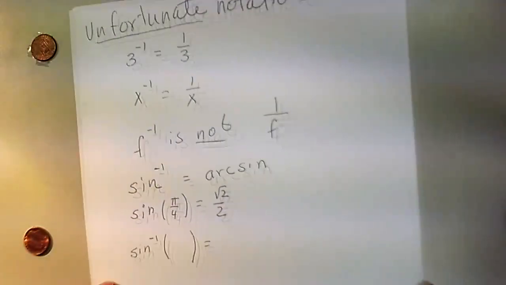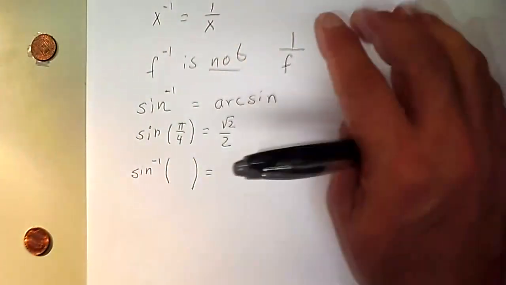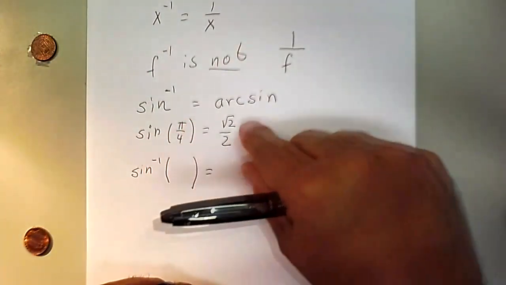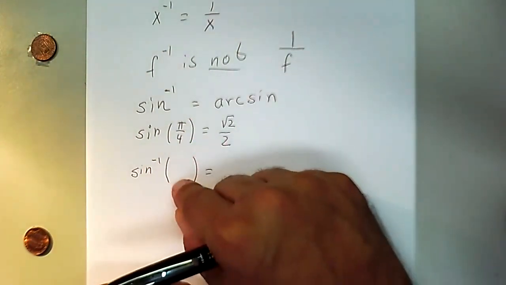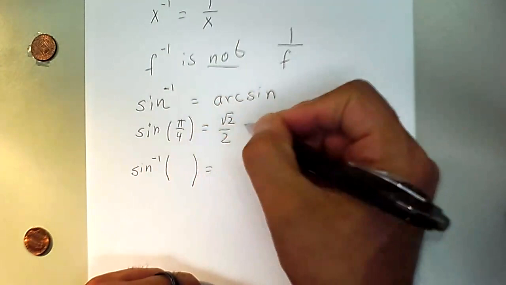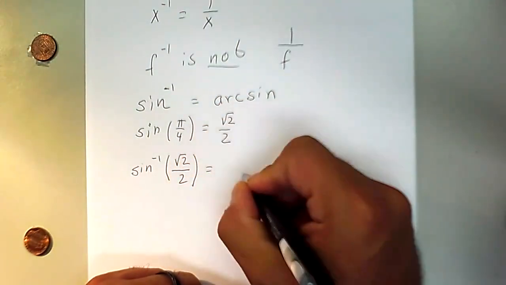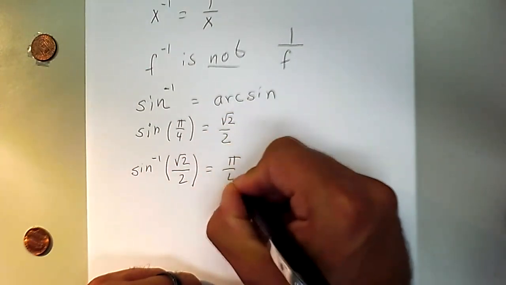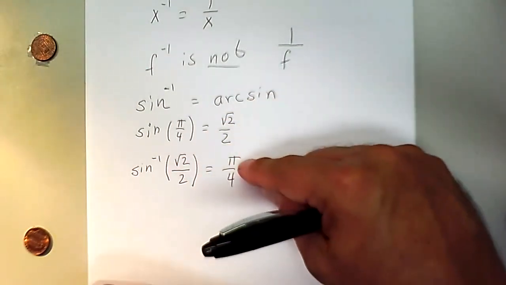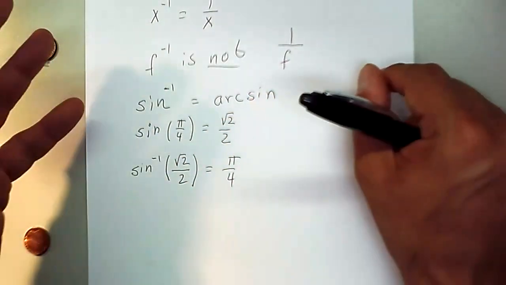So even if we didn't know any trigonometry, I'm telling you, sine of pi over 4 is square root of 2 over 2. What can we say about the inverse? It has to be that the sine inverse of square root of 2 over 2 is pi over 4. So given this information, we can draw that information, and we don't have to know trigonometry.